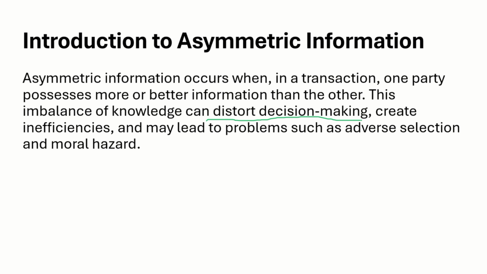It creates inefficiency in the market and may lead to problems such as adverse selection and moral hazard. In the exam, you may be asked which problem can occur in the market as a result of asymmetric information. You can say that it distorts decision making or creates market inefficiency.